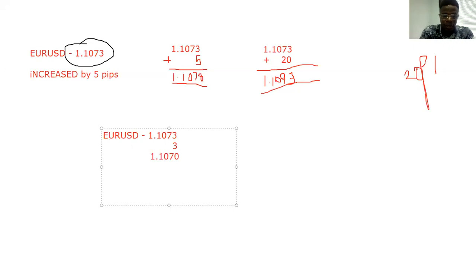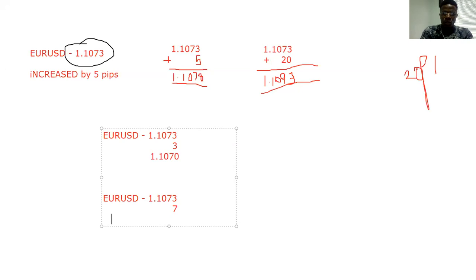Let's take another example. Let's say euros USD is 1.1073, and it reduces by 7 pips.